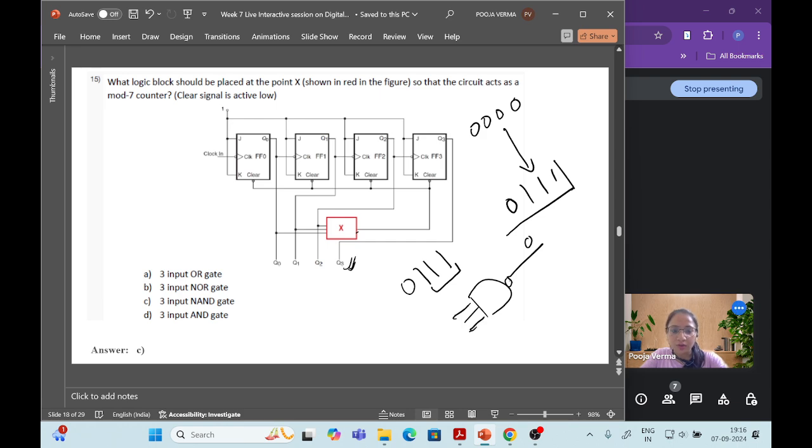So at which point, when the three of them are 1, then after that it must clear, right? So which gate in these four will produce 0 when all inputs are high? OR gate will produce 1, already you know that when the inputs are high it will produce high, and NOR gate, 1 1 1, that will complement, but it will not.